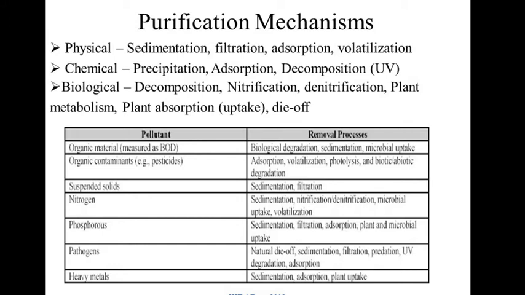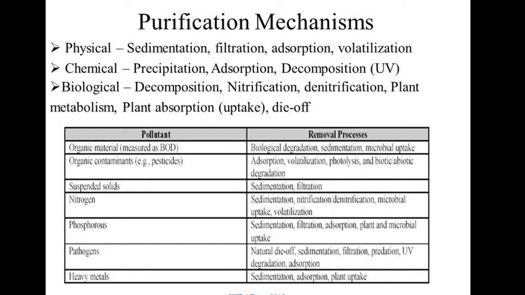Purification mechanism by the constructed wetland plants. Okay, so this purification can be done in three ways: physical, chemical, and biological. Physical purification consists of processes like sedimentation, filtration, adsorption, and volatilization.